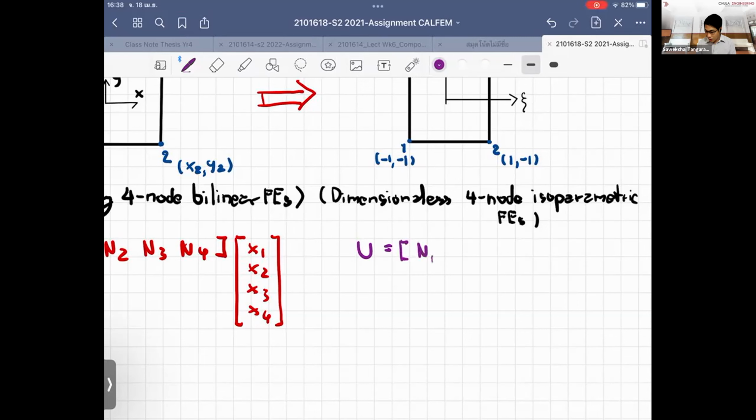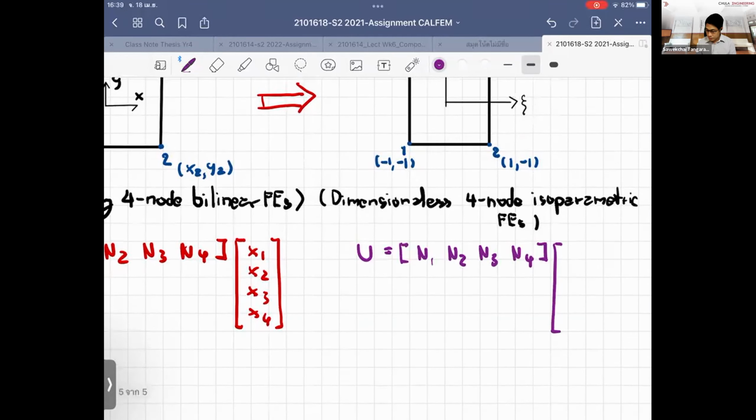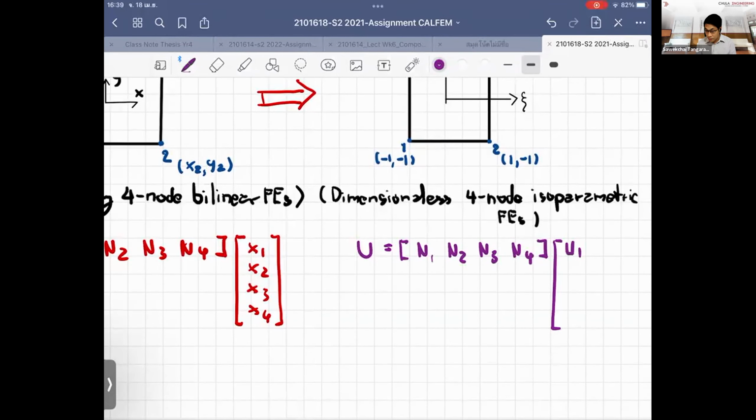That's why they call them isoparametric elements, because they use the same shape function for the geometry and also for the displacement. We need this property to be satisfied first so that we can transform the real geometry to become the dimensionless geometry.